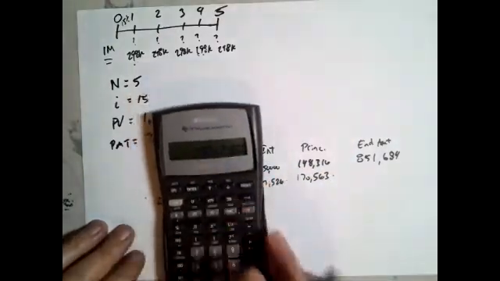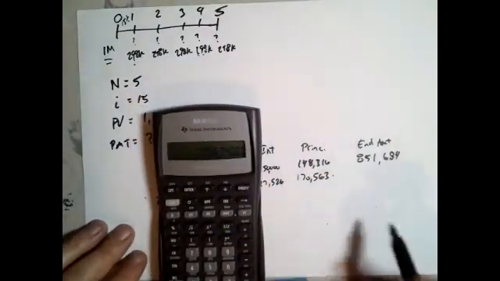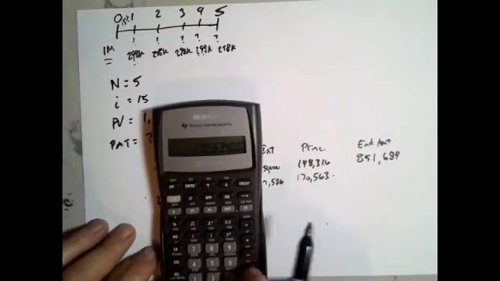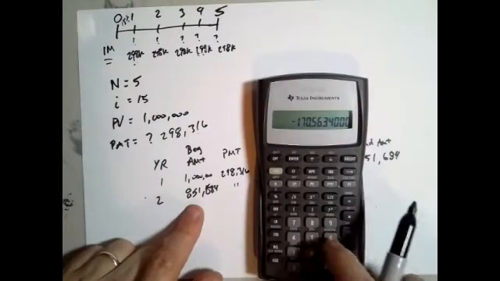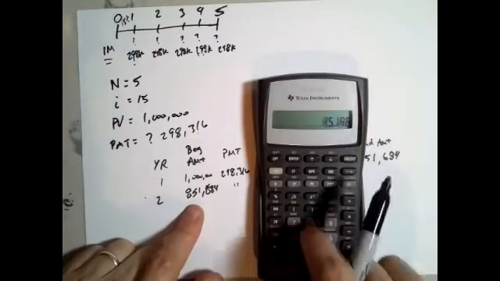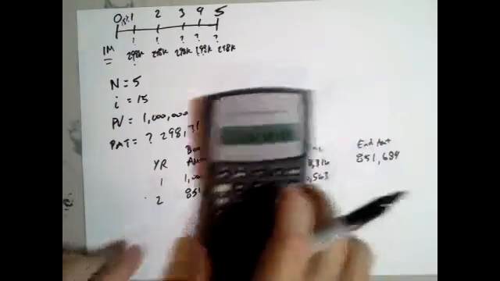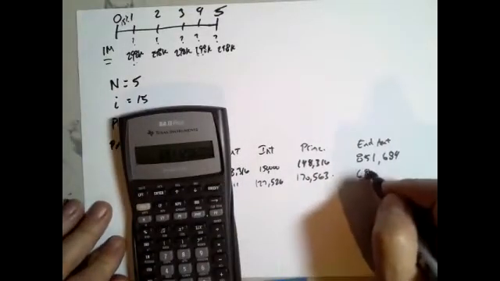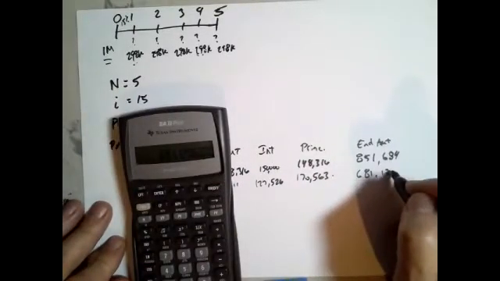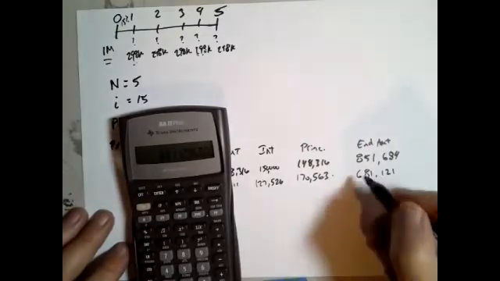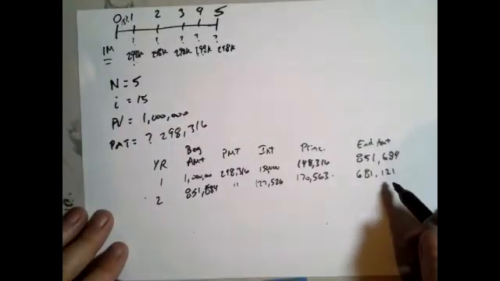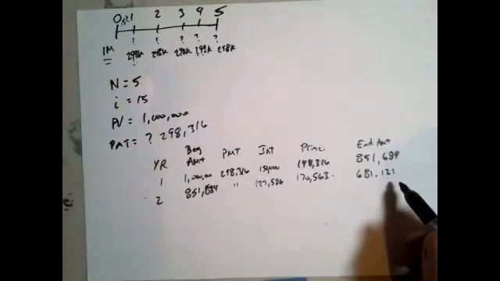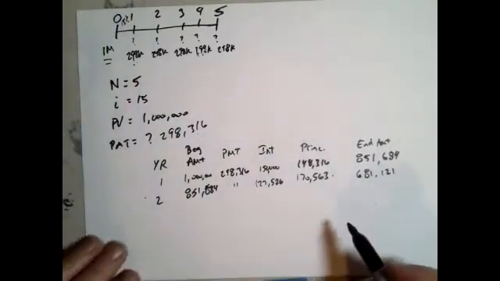So if we've paid down another 170,000, make that negative and add that to our beginning amount, which was 851,684, and we get 681,121 roughly. So at the end of year 2, we have paid down about $320,000 of our $1 million loan.